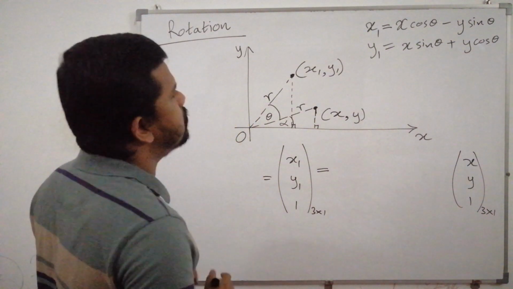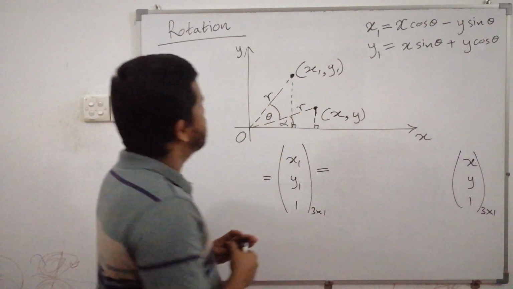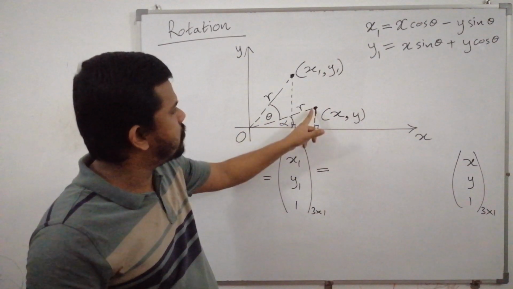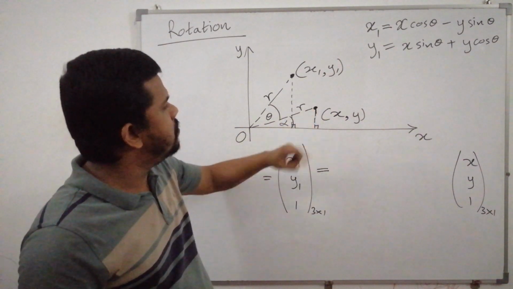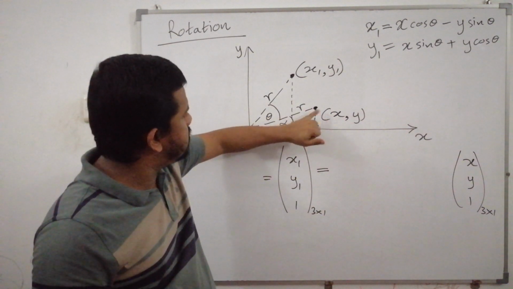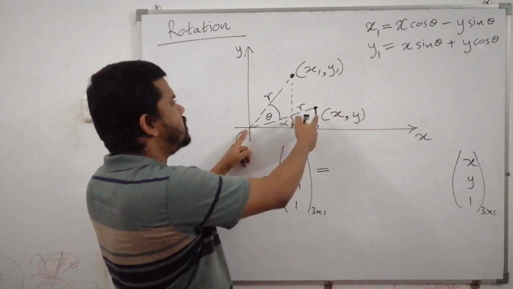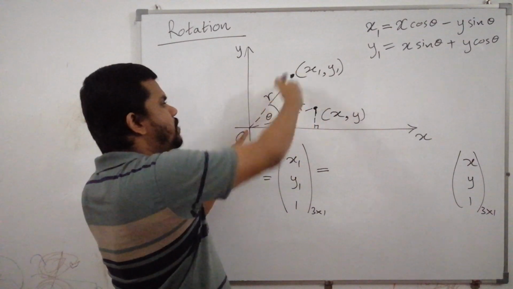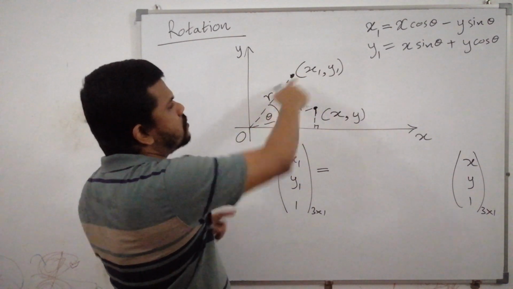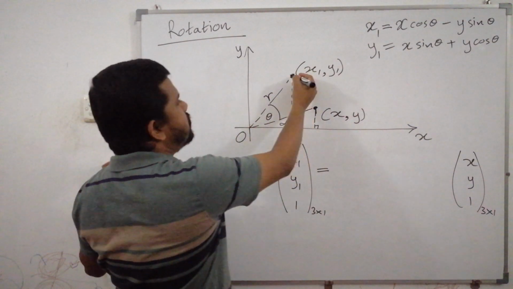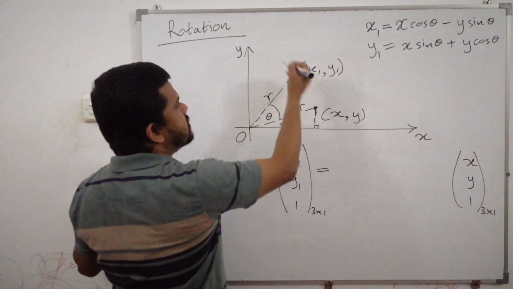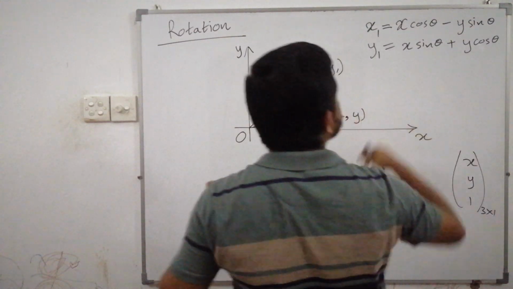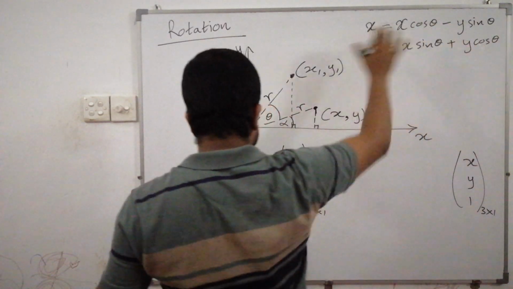Now if we are given the coordinates of this point, and this point is rotated around the origin in anticlockwise order by an angle of theta, then if this is the destination, these coordinates we can compute. We could derive like this.